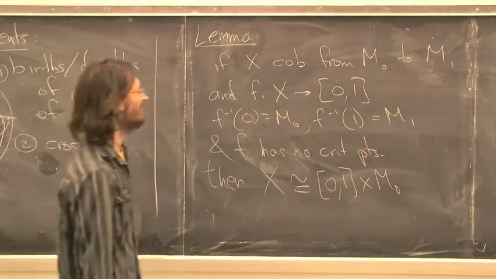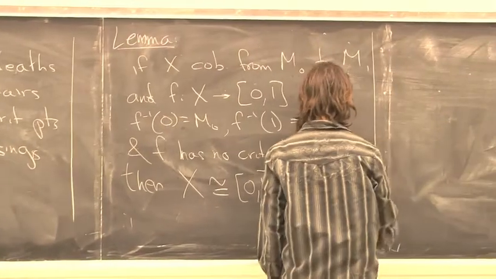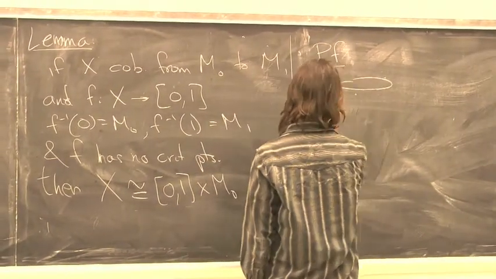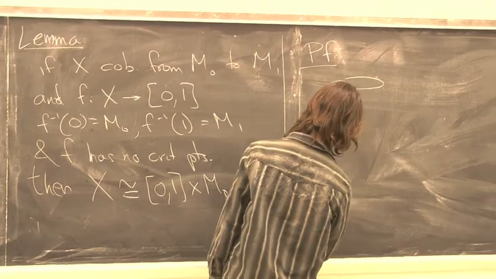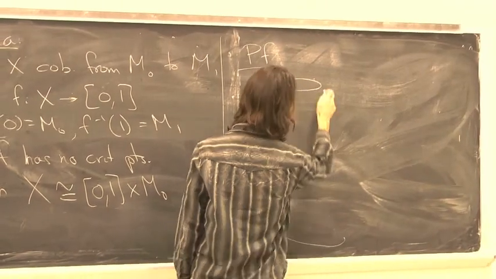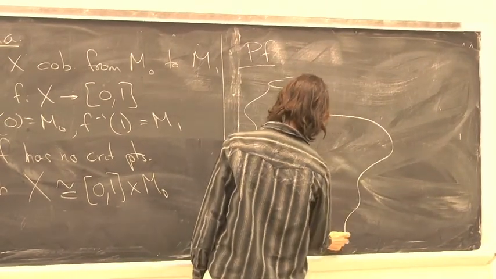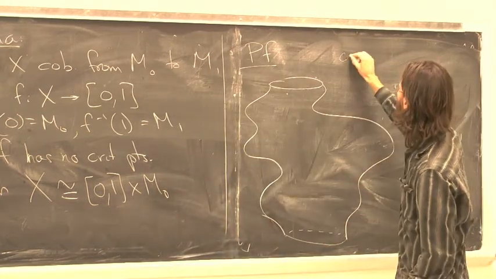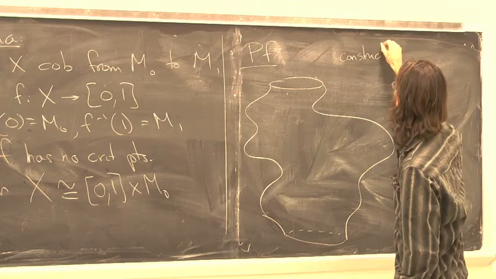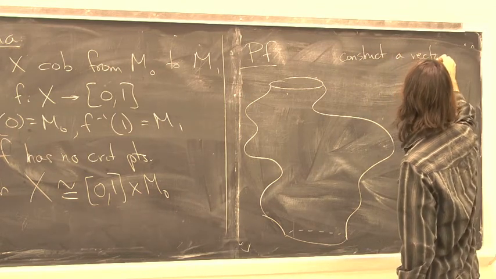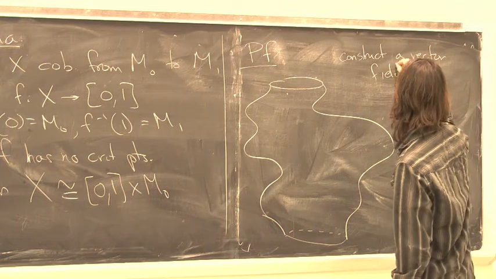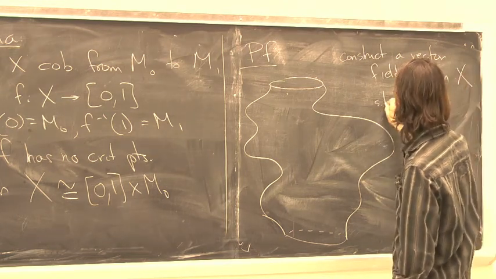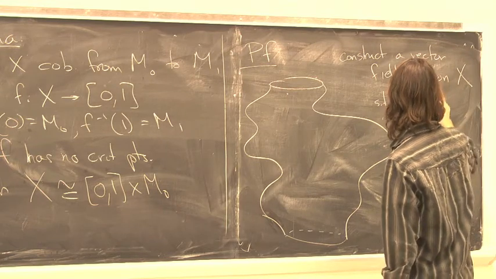But that won't work. So the outline of the proof was that we're going to say, okay, here's this funny looking manifold, cobordism. Looks like this, and what we want to do is construct a vector field V on X such that dF of V is equal to 1.